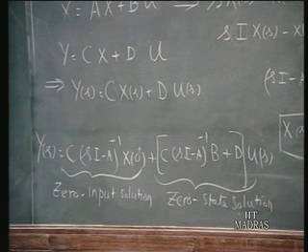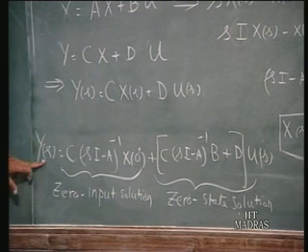Now we will talk about this in greater detail in the next lecture, because to find out (sI minus A) inverse and related aspects, it will take some time. But what we can see is, suppose you have a single input, single output system. There is only one input and one output.